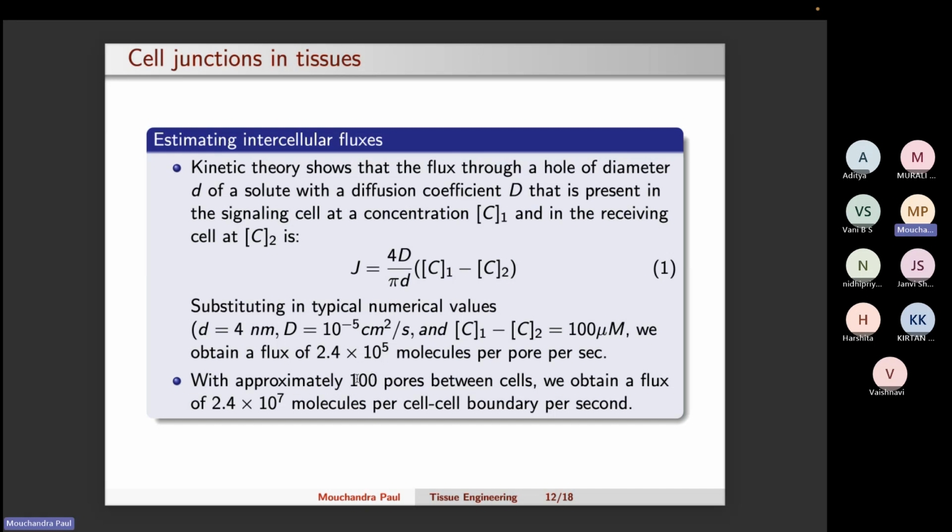Now with approximately 100 pores between the cells, if you multiply this value by 100, assuming there are 100 pores between these cells, the value will simply increase by 2 orders. So between two cells, this is the maximum flux. Note that the earlier value is per pore, and this is the value for the total number of pores.